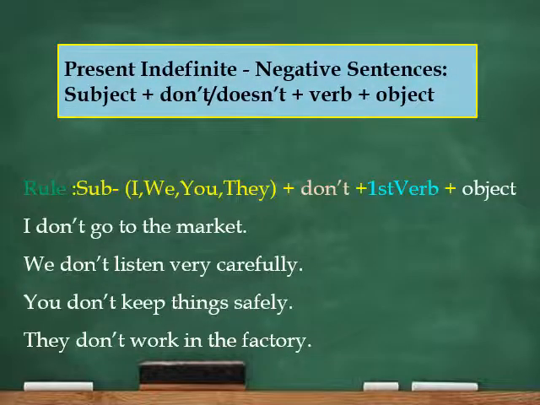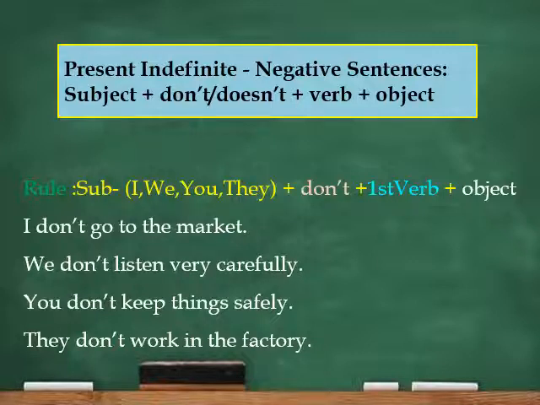The structure of present indefinite negative sentences is given here. Now we will study when to use don't and doesn't. We use don't with I, we, you, they. If you see the structure here, it says subject plus don't plus first form of verb plus object.